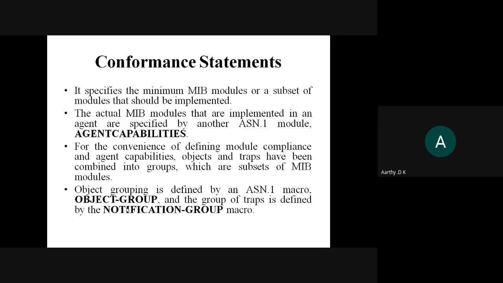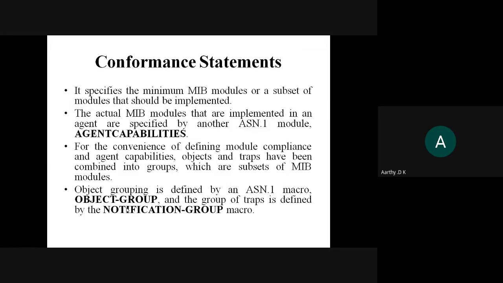If a system in the troubleshooting stage has troubleshot itself and is back on the network, you can have a notification message to the manager saying that the link is up, or a link is down, or if the number of devices connected to the network exceeds a threshold value, then you give a notification. These kinds of notifications are defined by the notification group macros.